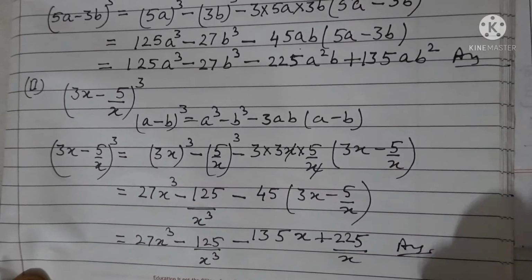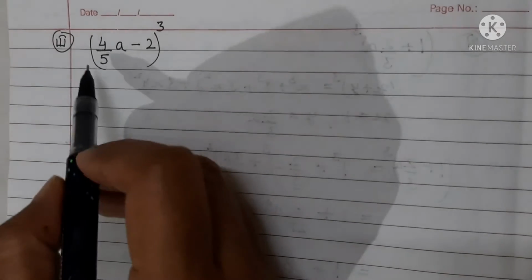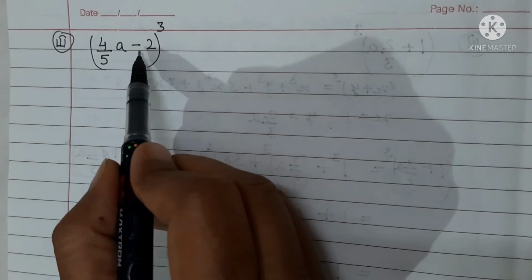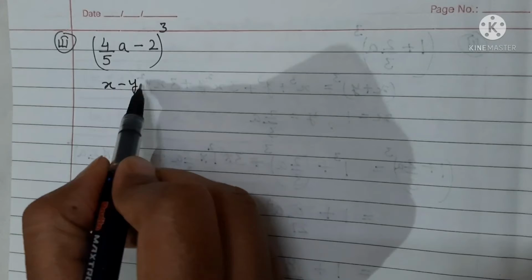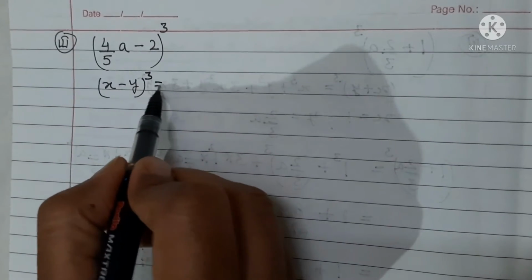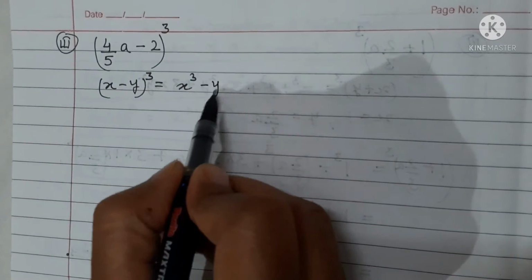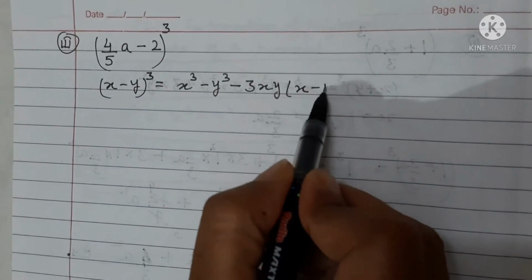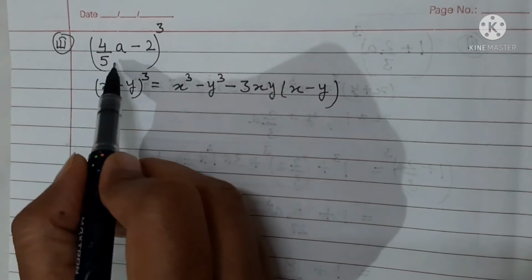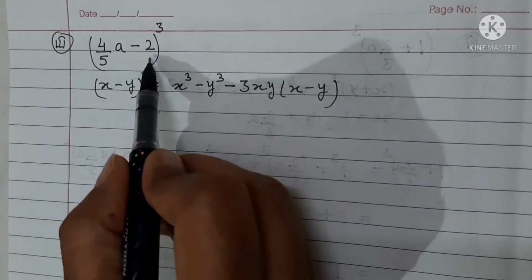Next question. Third part, 4 upon 5a minus 2 whole cube. So we will use the identity x minus y whole cube is equal to x cube minus y cube minus 3xy times x minus y. X is 4 upon 5a and y is 2.